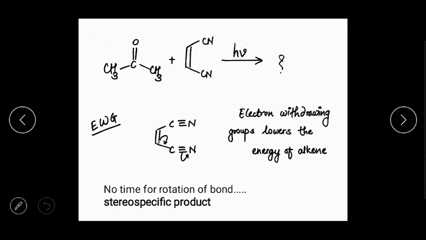If there is an electron withdrawing group present on an alkene, it lowers the energy of the alkene. अल्किनची एनर्जी लो करणार आहे. त्याच्यामुळे काय होणार आहे? बॉन्ड रोटेशन होणार नाही, जस्ट स्पिन रोटेशन होणार आहे. सो देर विल बी नो बॉन्ड रोटेशन, ओनली स्पिन रोटेशन. सो यू विल गेट फायनली स्टीरियोस्पेसिफिक प्रोडक्ट. ओके, बिकॉज देर इज नो टाइम फॉर द रोटेशन ऑफ बॉन्ड, only spin rotation takes place, and you will get, if there is a cis alkene in the reactant, finally you will get a cis oxetane. If there is a trans alkene, you will get a trans oxetane.